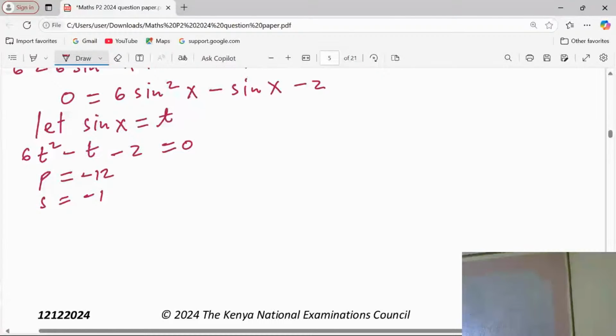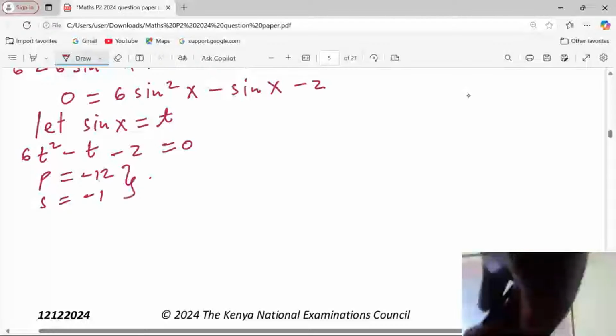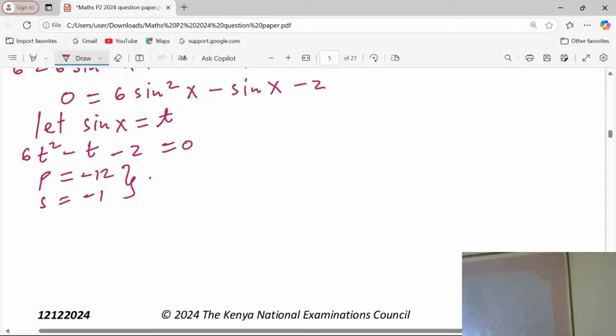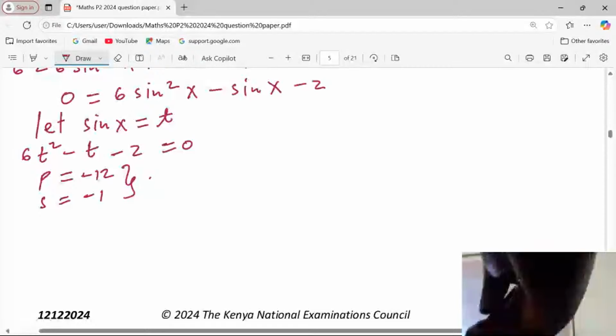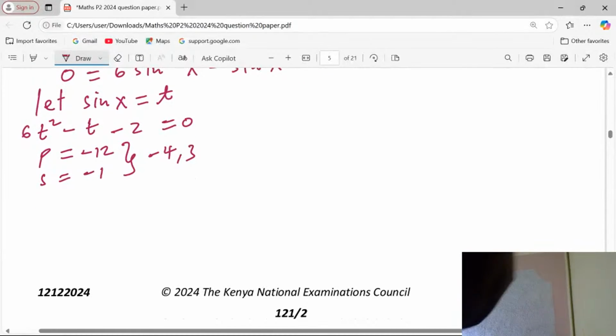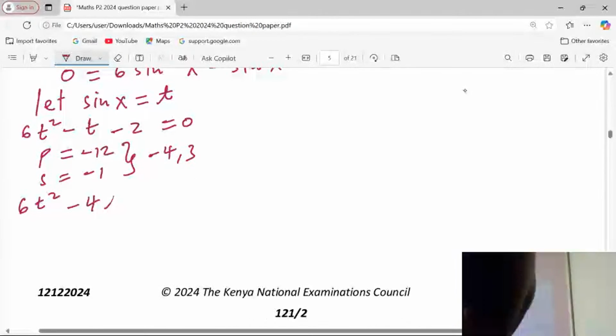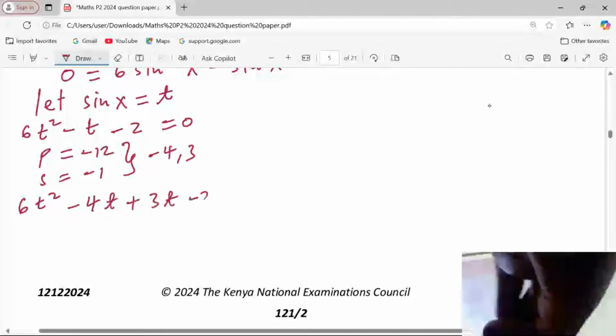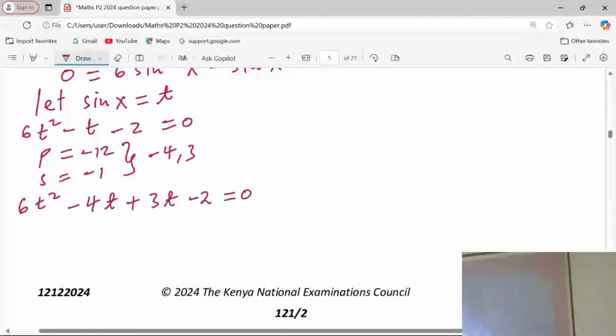Now, let's talk about the values which when multiplied give us -12, but when added give -1. This is -4 and 3. Now we can solve by replacing -t with -4t plus 3t, minus 2 is equal to 0.